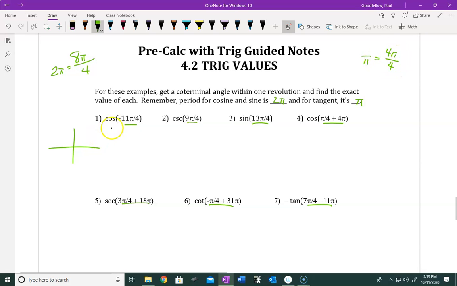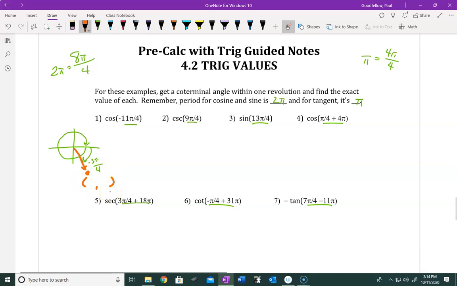The reason is that if I think about 11 pi over 4, then it probably went all the way around to negative 8 pi over 4, and then a little bit further. How much further did it go? Well, it went negative 3 pi over 4 further, and that answer is down here in the fourth quadrant.